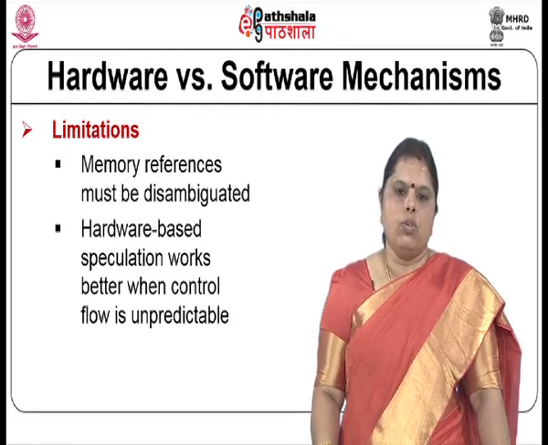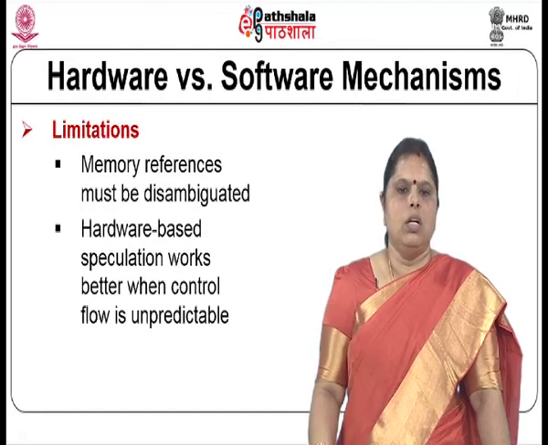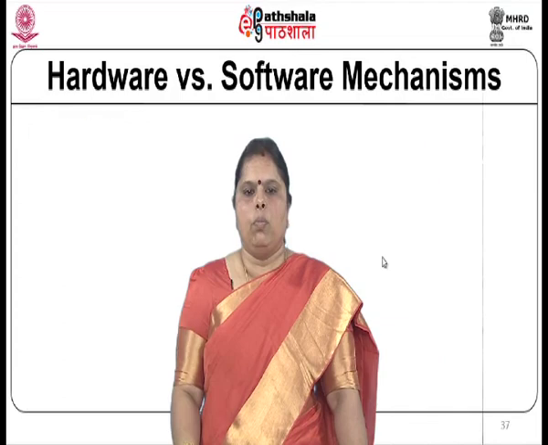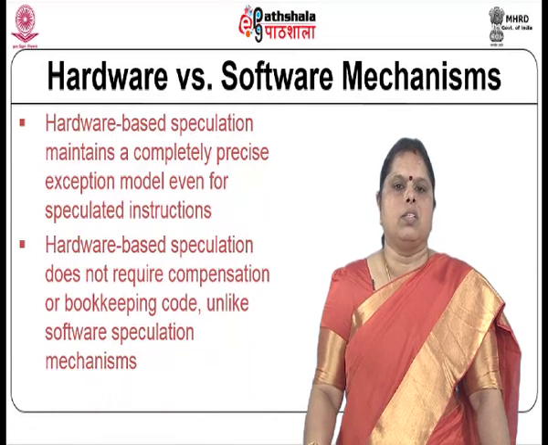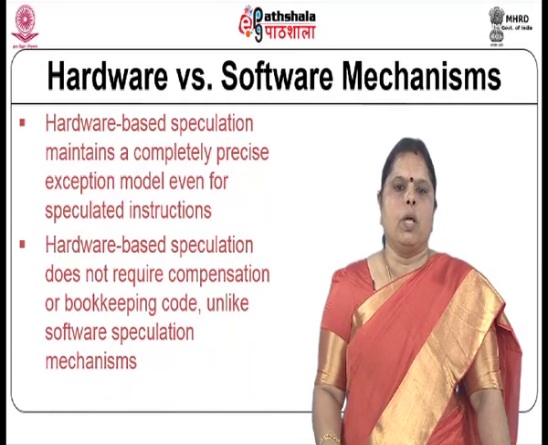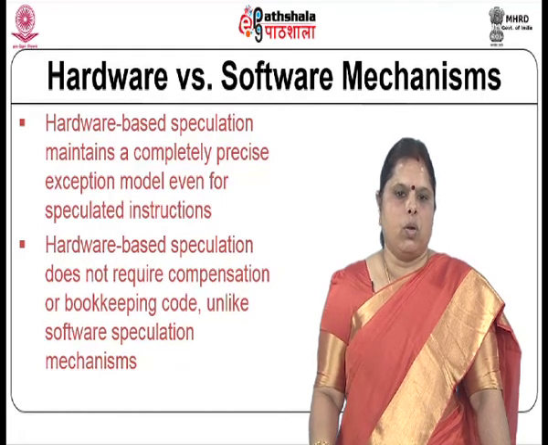When control flow is not predictable, it is always better to go in for hardware based speculation, because in which case the compiler will not be able to do too much of speculation. Hardware based speculation maintains a completely precise exception model even for speculated instructions, which is not possible when you go in for software based speculations.